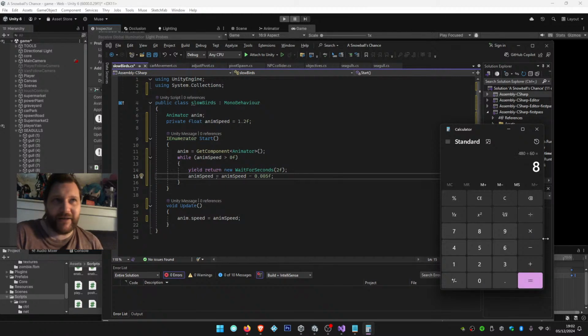So if the player hasn't managed to kill all the seagulls within 8 minutes, they'll literally crawl to a stop. Or almost a stop. Yeah, I think that's fine.